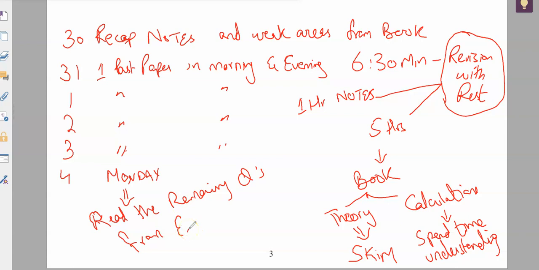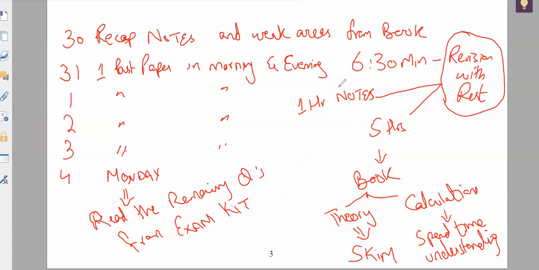The ones you are done with are good, but those that are left, try to read them from the kit. Agreed? So technically this is the life-saving plan which you have to try to follow.